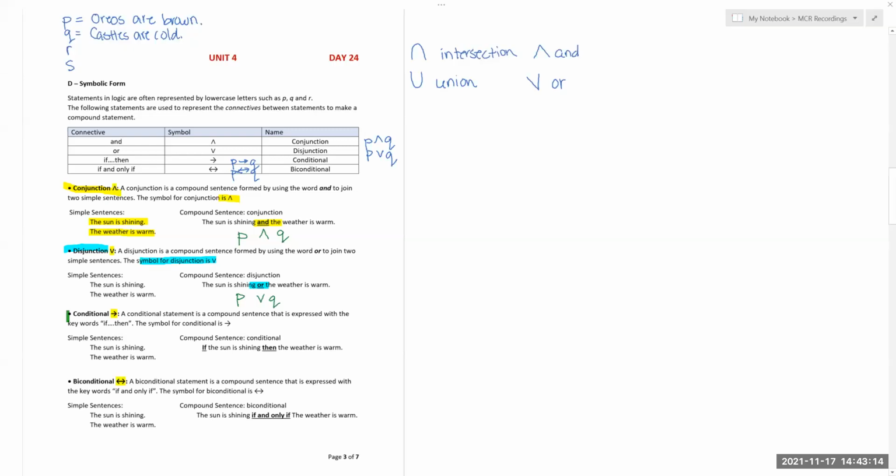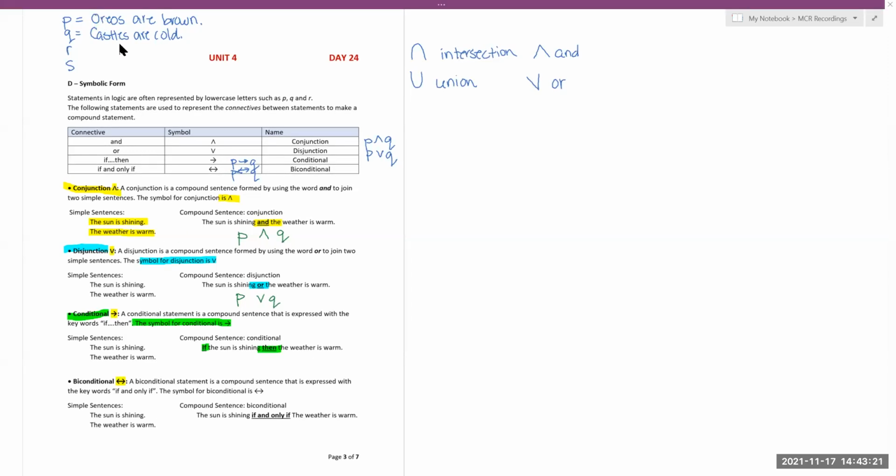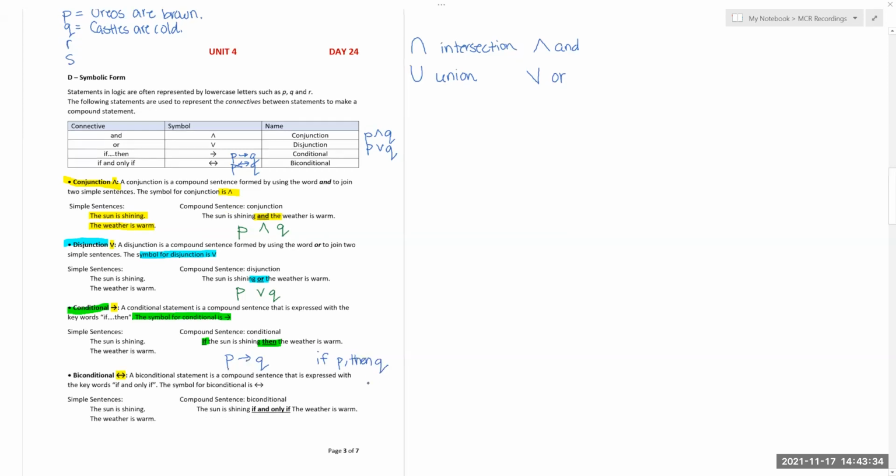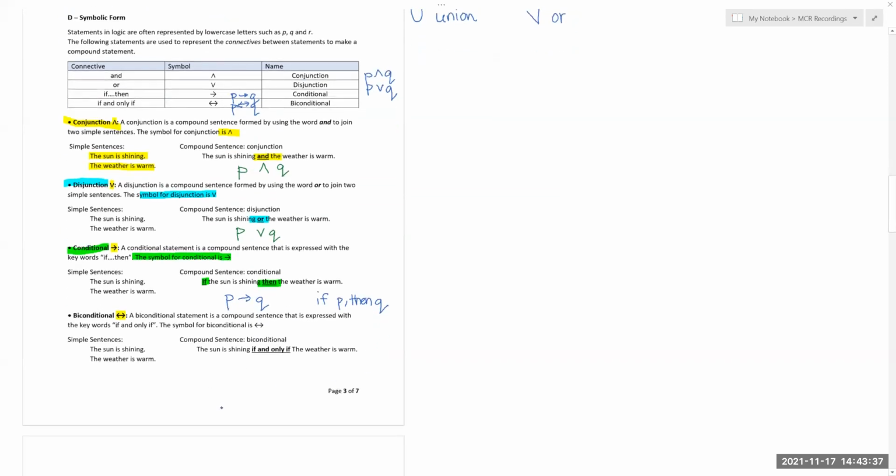Then I have our conditional, which is if the sun is shining, then the weather is warm. So P goes to Q. If P, then Q. And then the biconditional says that the sun is shining if and only if the weather is warm. So it's the double arrow. So you definitely want to know these symbols and kind of have a good idea for what they stand for.